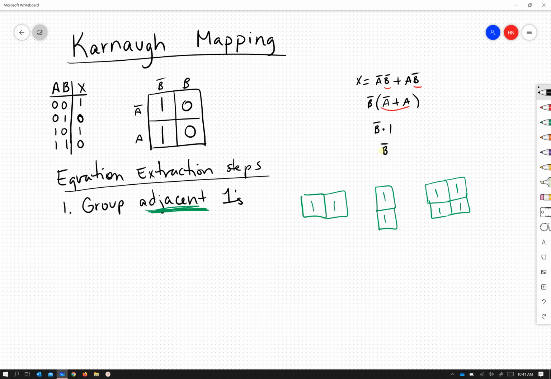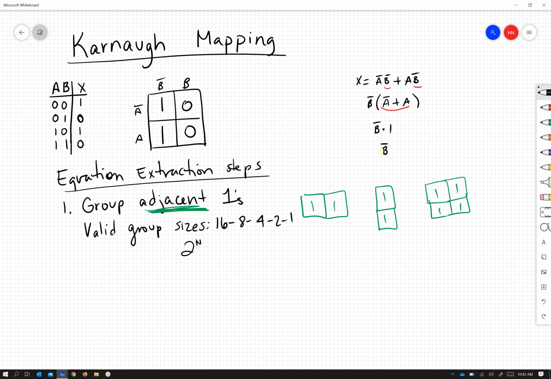The thing to understand is that there are valid group sizes. Because of this adjacency rule, you cannot have groups of 3 because that would be a weird shape. It has to always be a quadrilateral. Sometimes there's no grouping other than 1, but the valid group sizes are 16, 8, 4, 2, or 1. Notice that is 2 to the n, where n is an integer.